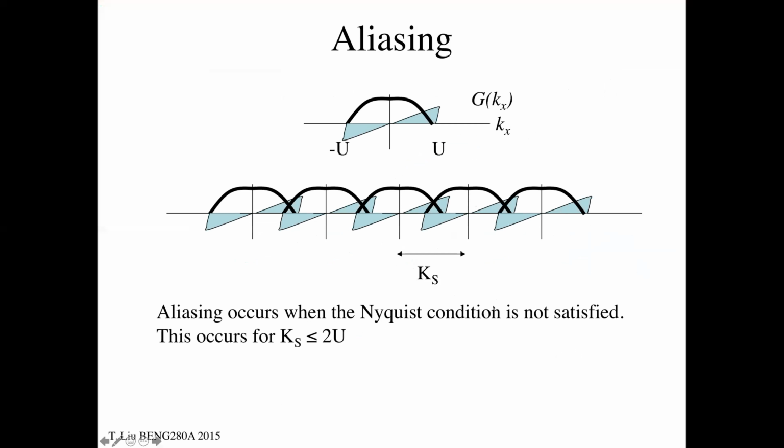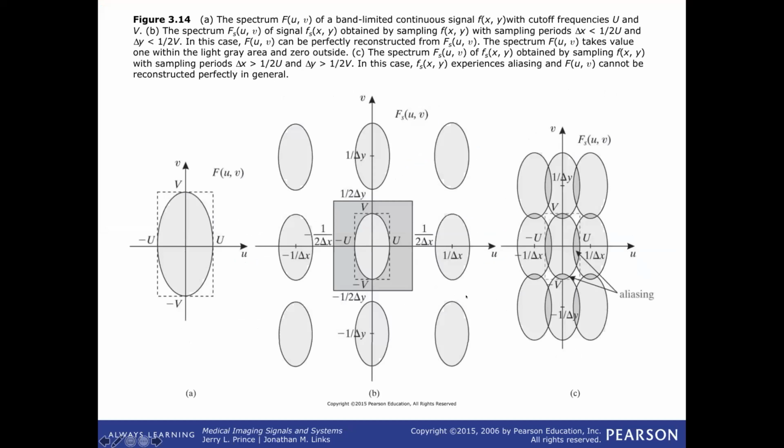In the book, they go through this argument as well, and it's true in 2 dimensions as well. What is true for f of x is exactly the same in terms of y. So in that case, you will get replicants of the Fourier transform after sampling, where the distance between the replicants is 1 over delta y in this direction, 1 over delta x in this direction.